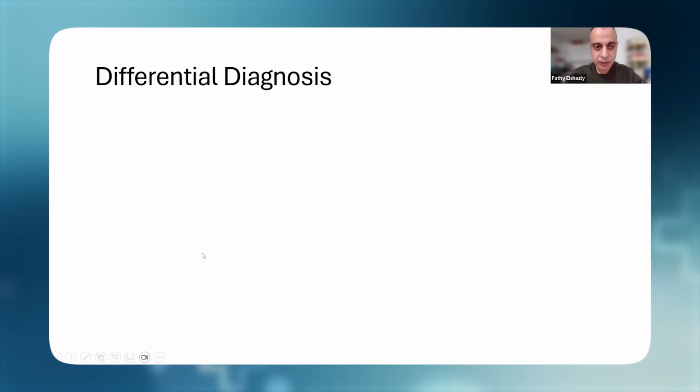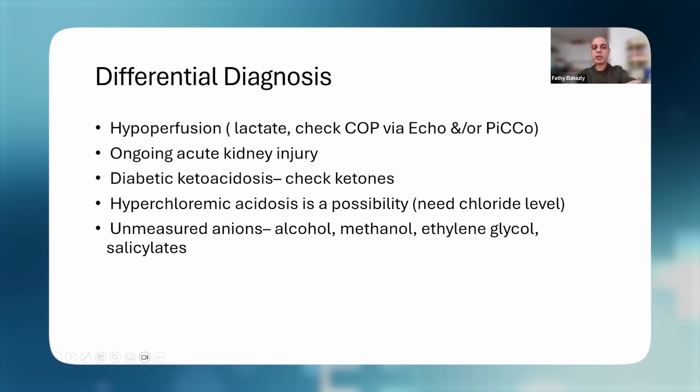As you all mentioned, hypoperfusion would be the first thing we look for, especially in the presence of high lactate. We would check the cardiac output via minimally invasive methods like PiCCO or via echo, or whatever way you can get the cardiac output.